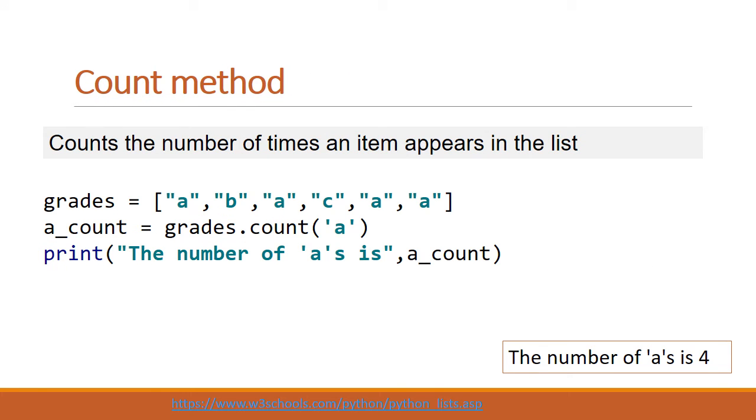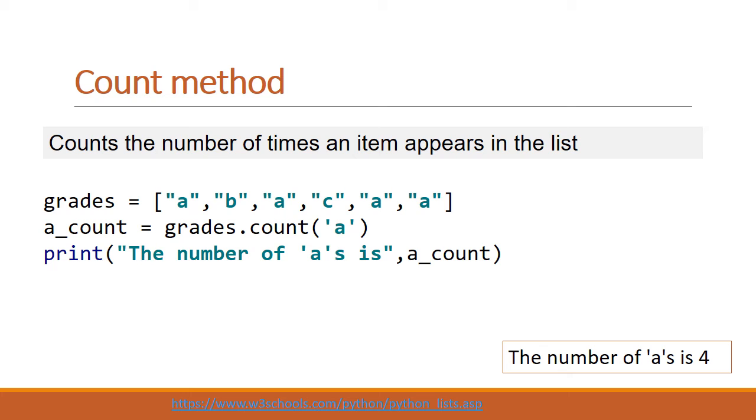The list method count allows us to count the number of times an item appears in a list. In this example, we have grades A, B, A, C, A. If we want to count the number of A's in the list, we can call grades.count and use the string A as a parameter.